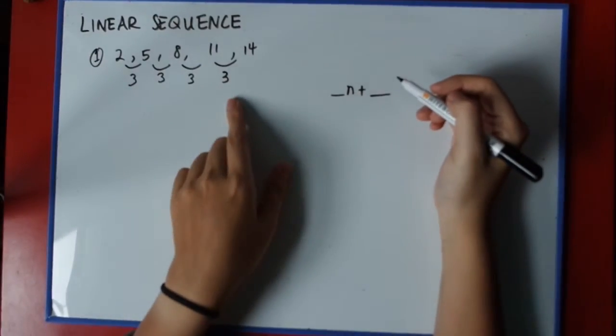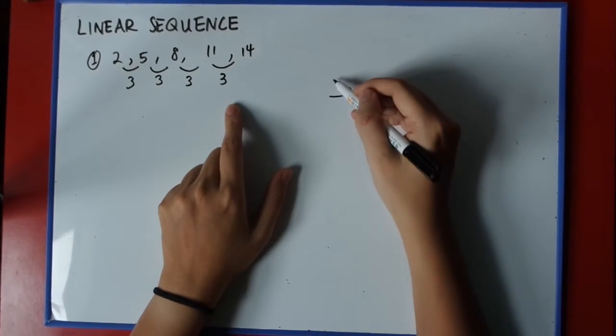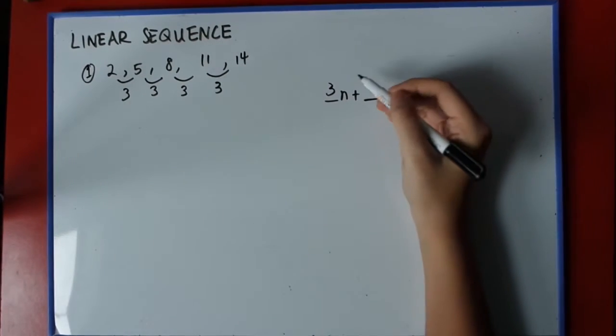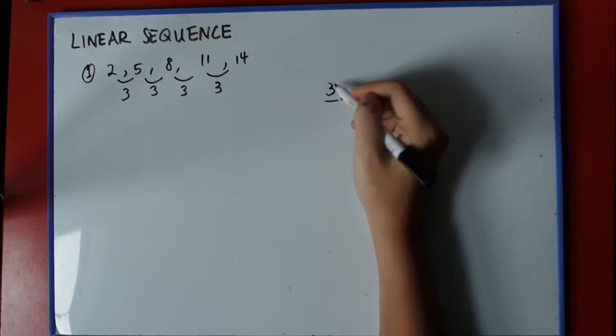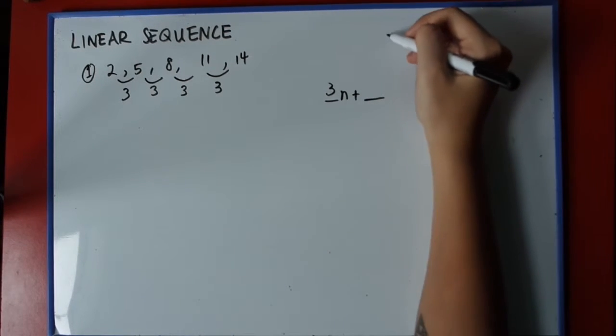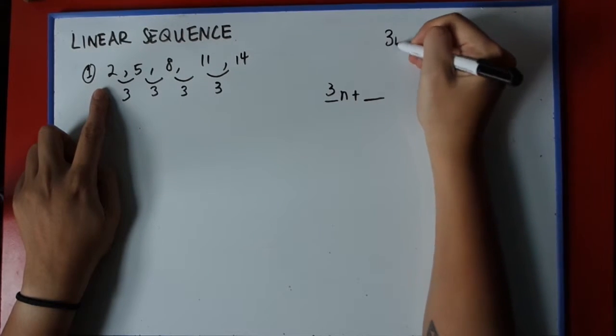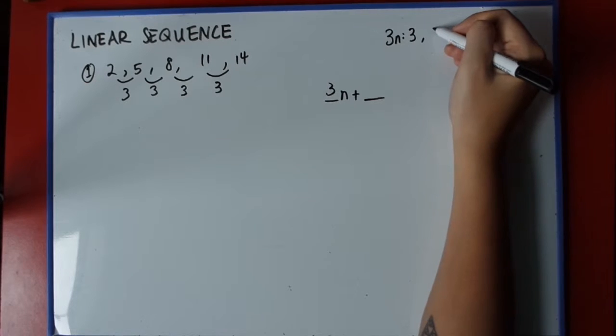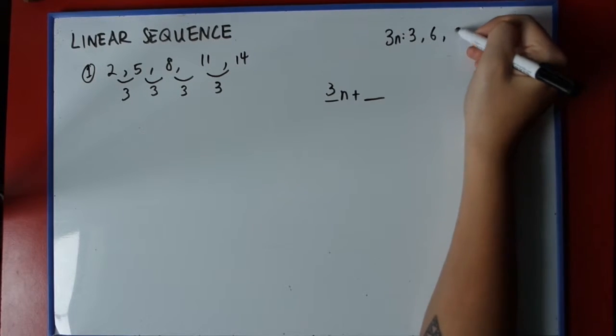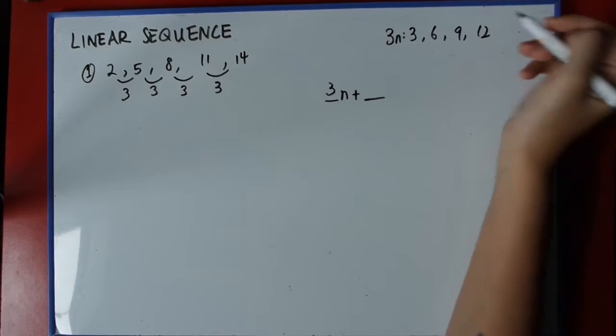This number here is precisely the difference, so I can tell you straightforward it's just going to be 3. And then how about this blank? Now all you have to do is figure out what this part represents. The sequence of 3n would be 3, 6, 9, 12, blah blah blah.